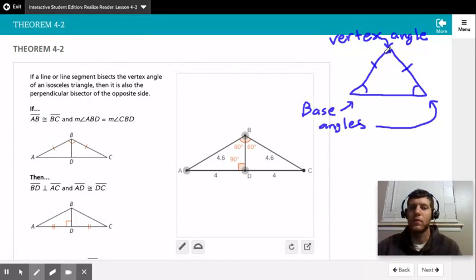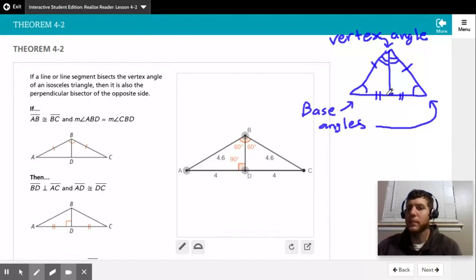So what this is saying is if we bisect that vertex angle, if we split it into two equal angles, so if we make this angle equal to this one, we bisect the big one, we split it in half, then this bisector is also going to be a bisector to the base. So that also means this piece and this piece are going to be congruent.